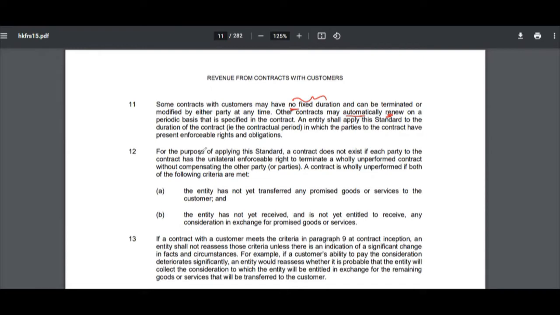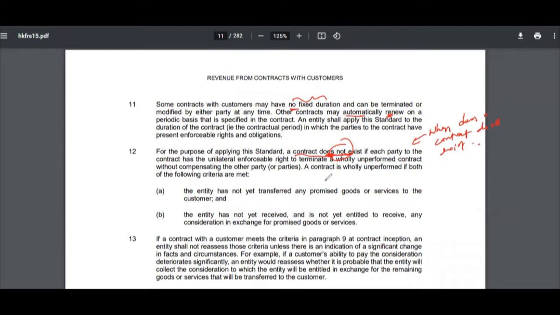Then we have paragraph 12, which is about what happens when none of the parties have performed. So when does a contract not exist? This is actually an important paragraph here. So for the purpose of applying this standard, a contract does not exist, right? So first part is, of course, the company needs to meet those 5 criteria above, as we discussed earlier.